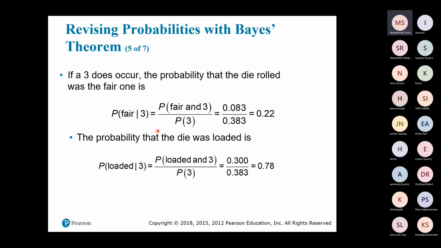If a 3 does occur, the probability that the die roll was a fair one is? Untuk yang ini, kita nak tahu berapa peratus kemungkinan bila kita lempar dadu tu dan dapat nombor 3, dadu yang kita lempar tu adalah dadu yang normal.